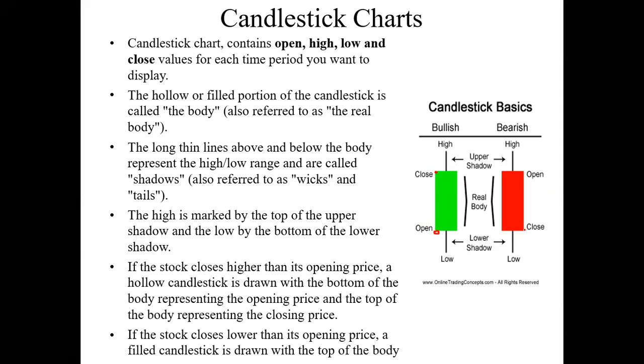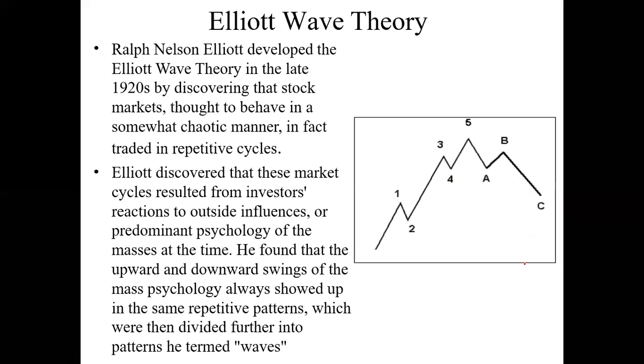And here is the reversal. For the bearish, the close will be shown below and the open will be shown on the upper side. This is the body, and this is the low for bullish, and this is the low for bearish. So we can easily say they contain open, high, low, and close values for each time period you want to display. So you can use the candlestick basics.